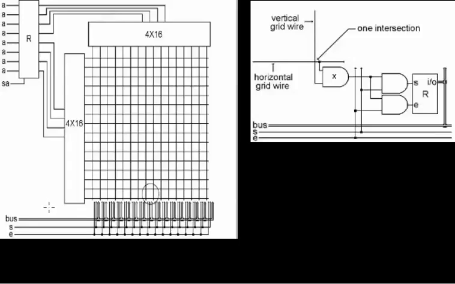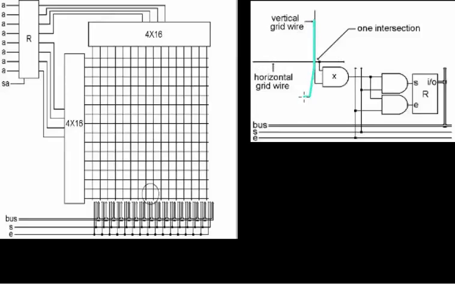In part of the circle there are 3 AND gates, and this is actually the focus part of this picture. So now let us talk about this. There are these 3 AND gates, and we have an AND gate labeled X at the vertical grid and one at the horizontal grid.